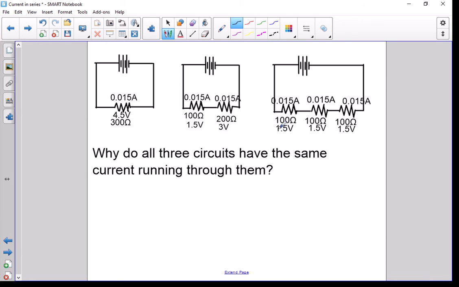And because it's a series situation, in other words, all the components are in the same loop, the current is going to be the same. So the key point here is, so long as our total voltage and our total resistance is the same, the current is going to be the same, and current will stay the same in a series circuit.